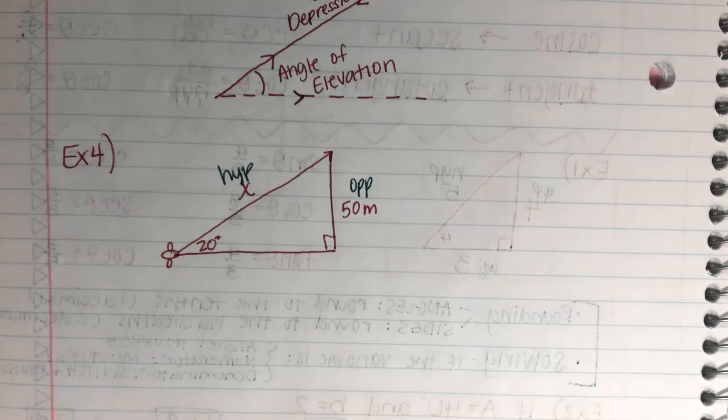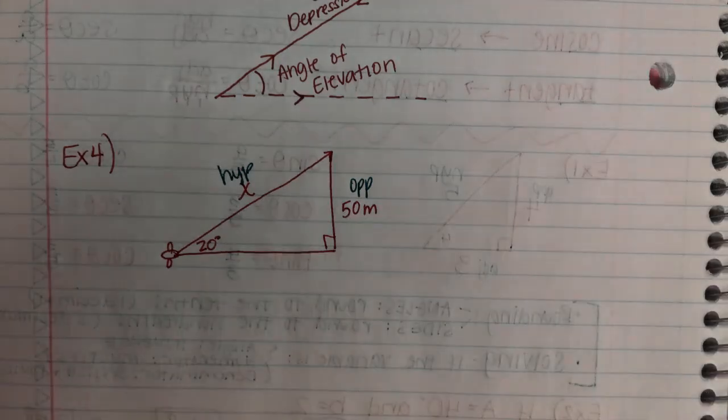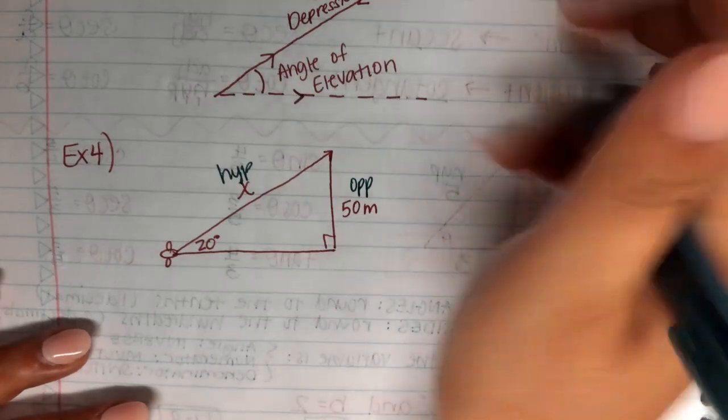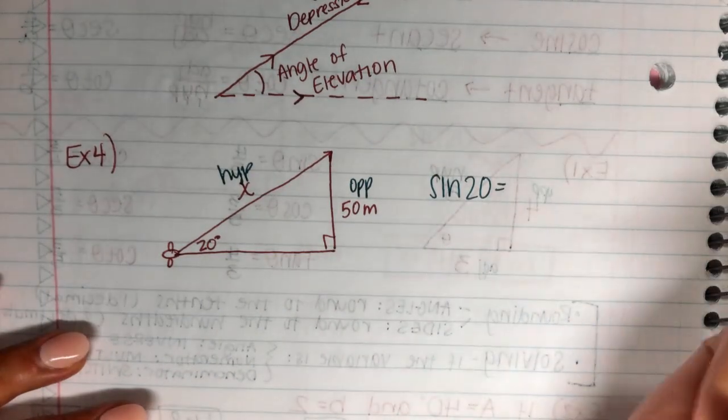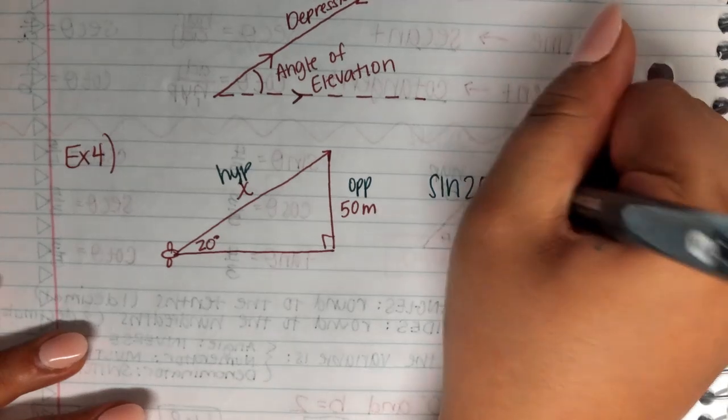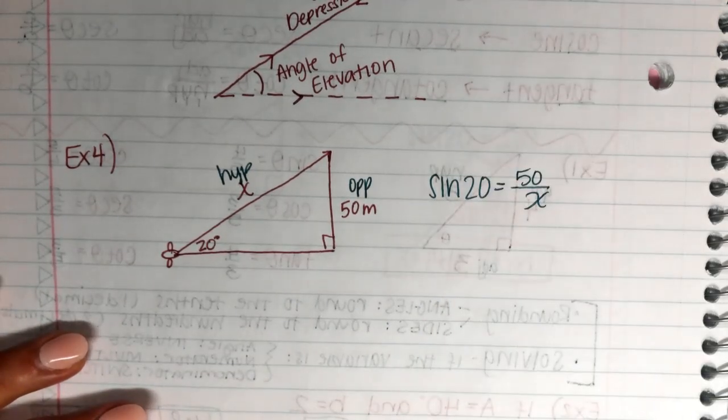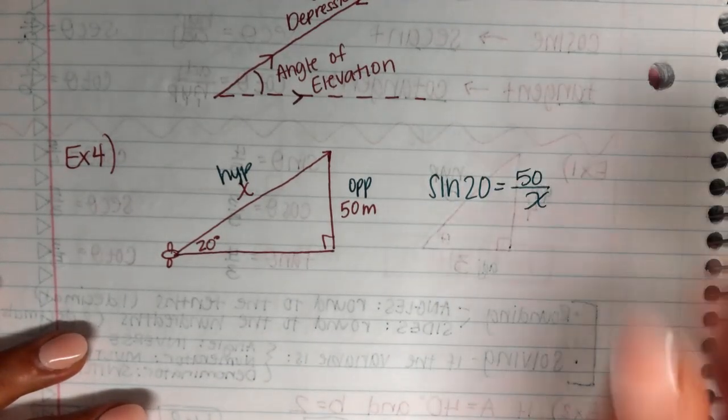Y'all agree that I gave you the opposite and the hypotenuse? What is opposite and hypotenuse? Sine. So what is my equation going to be? Sine of 20 is going to equal what? Opposite over hypotenuse. X is on the bottom. What am I going to do?